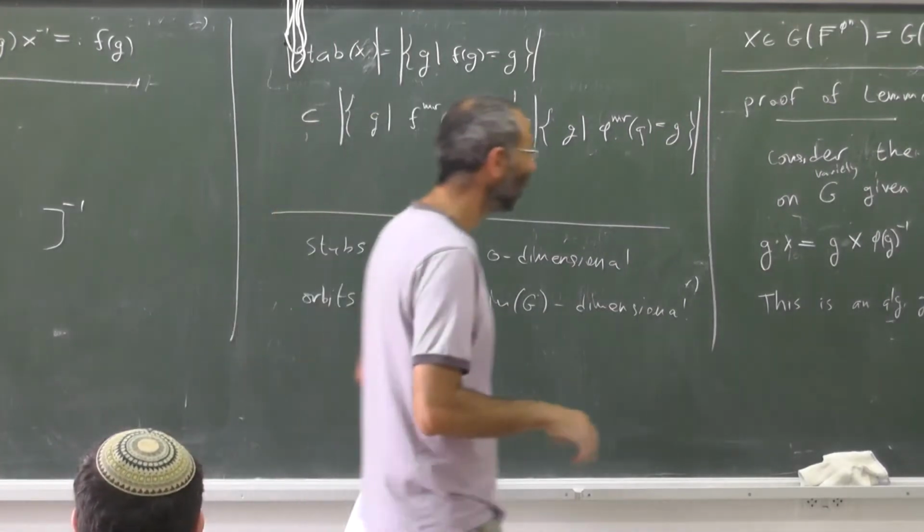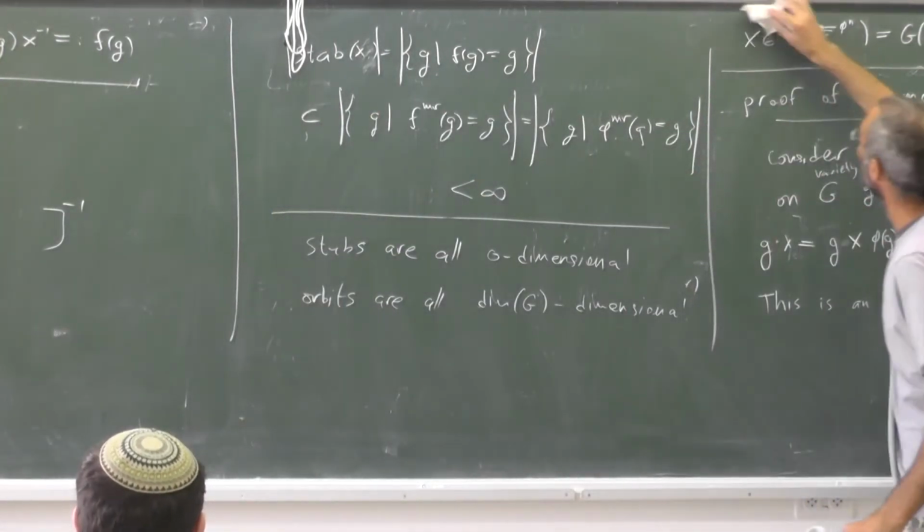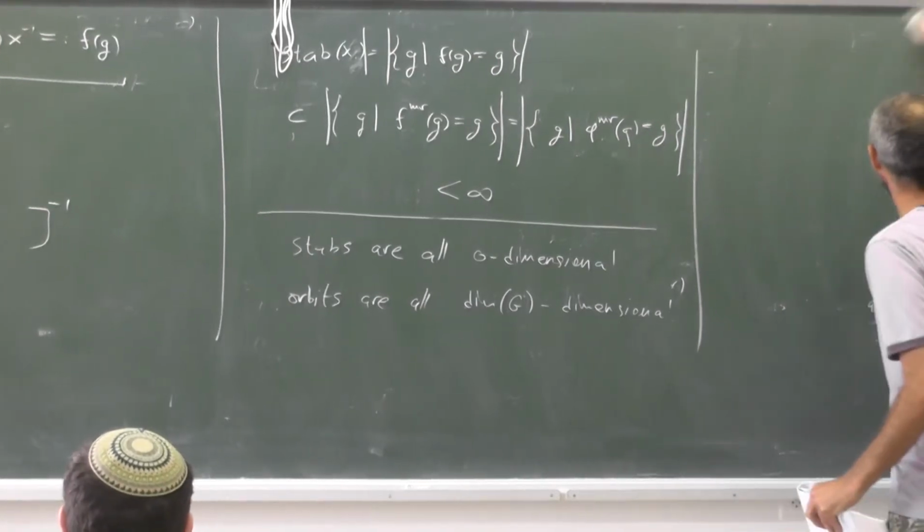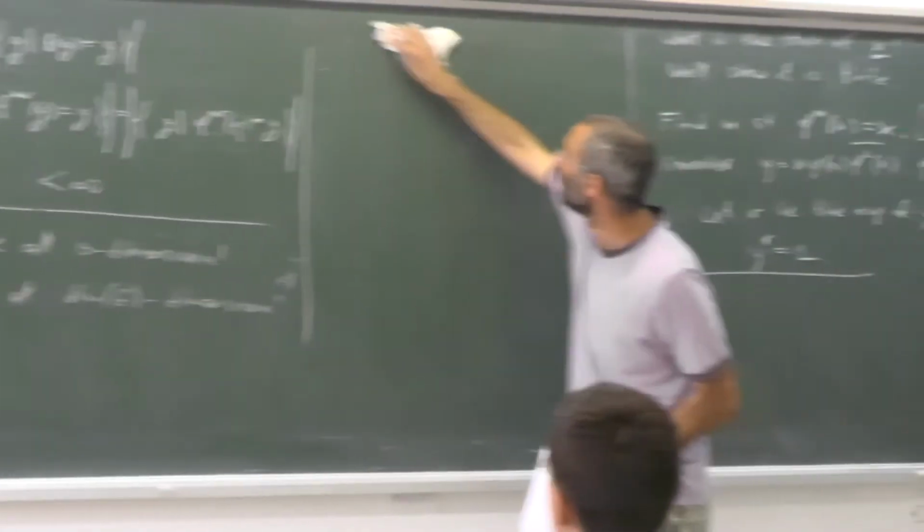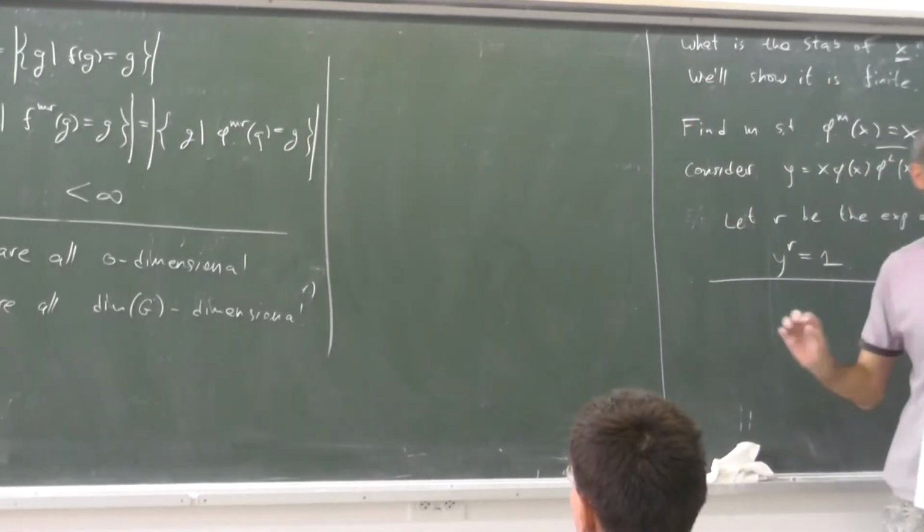Okay. Now I'm looking at the again. Remember what I'm claiming. I'm claiming that there will be just one orbit.